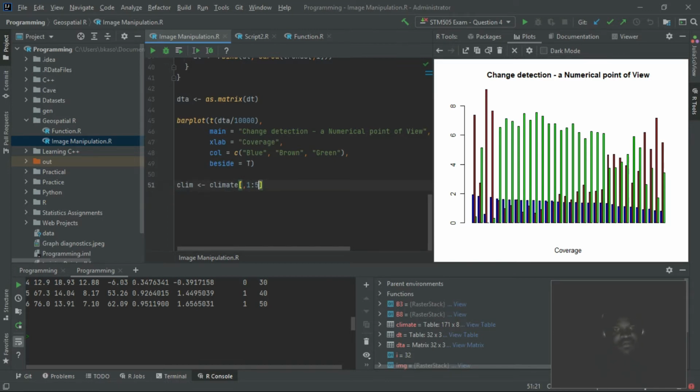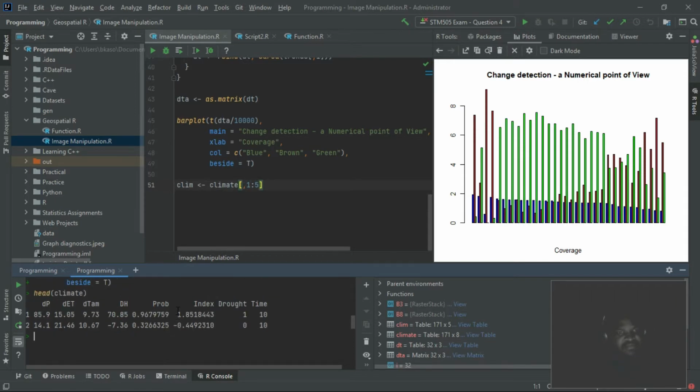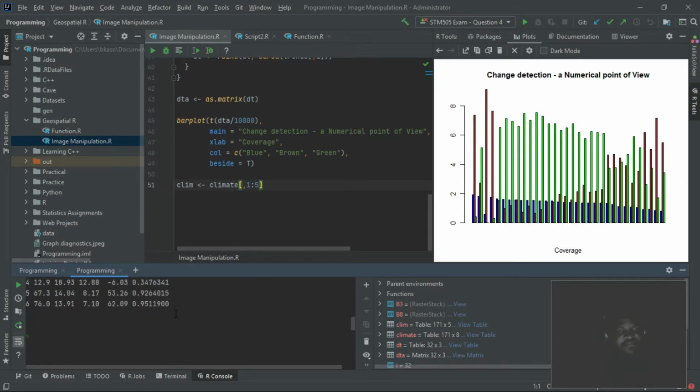Sorry, then I'm gonna run that. If I say head clim, there you go. Didn't I need 5? No, I needed 4 because I don't need the probability one. That's just gonna create noise in our analysis. I just need the first 4.